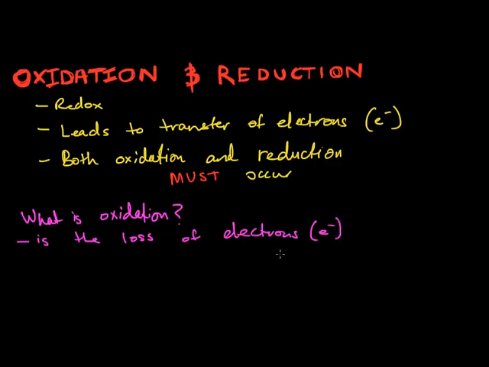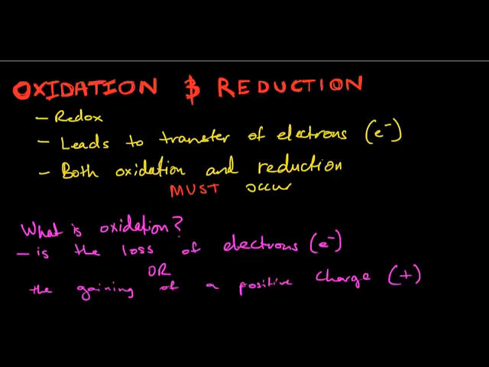Or what we can also say is that it is the gaining of a positive charge. So that's the two things we can conclude. Oxidation is the loss of electrons, or it can also be said that it is the gaining of a positive charge.